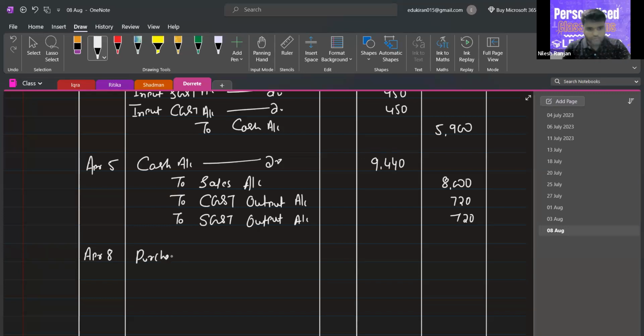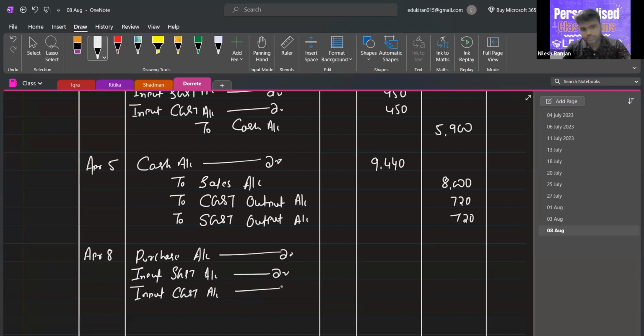So purchase account debit, input SGST account debit and input CGST account debit to Karam account.